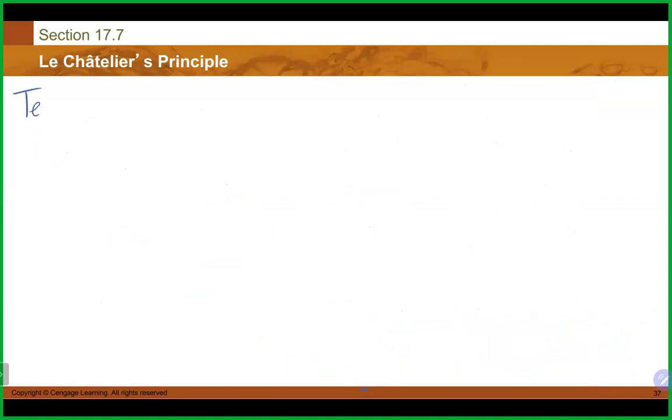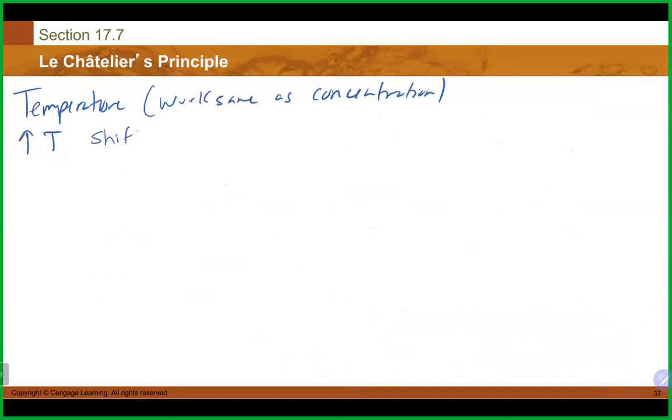The good news is temperature works the same as concentration, which means if you increase the temperature, it will shift away, and if you decrease the temperature, it will shift towards it. So how do we know which way is away and which way is towards it?